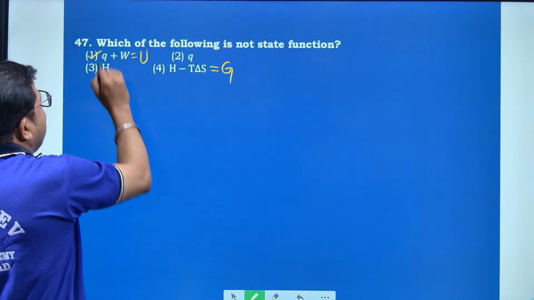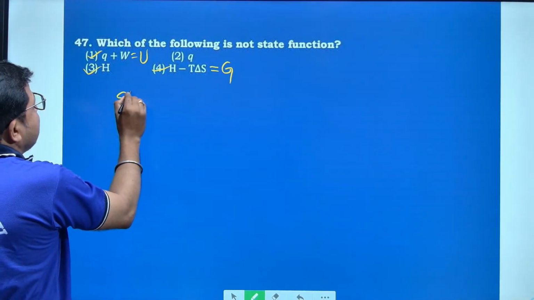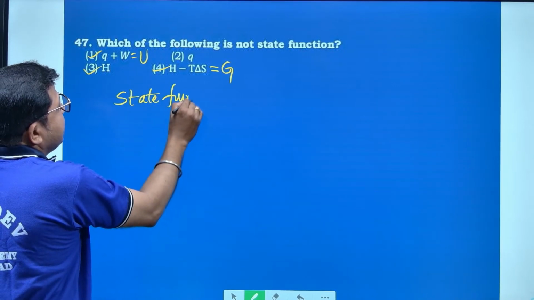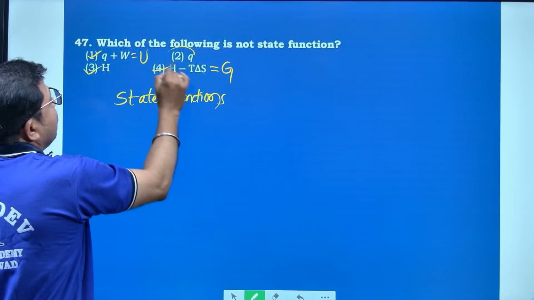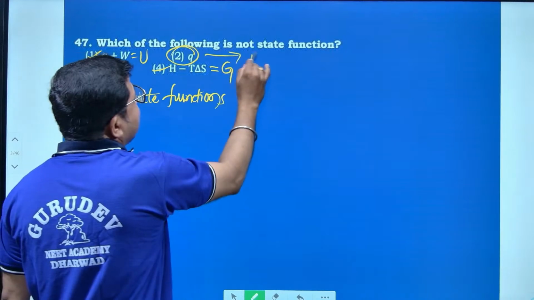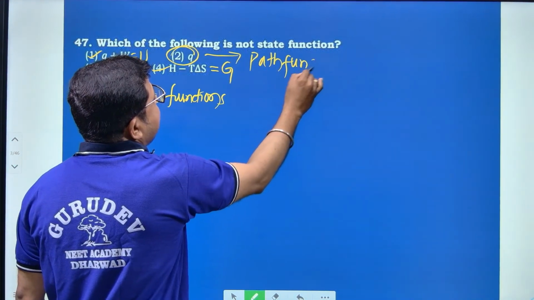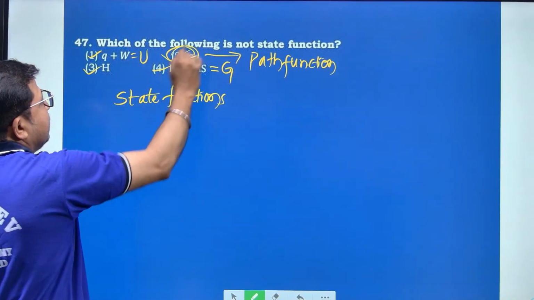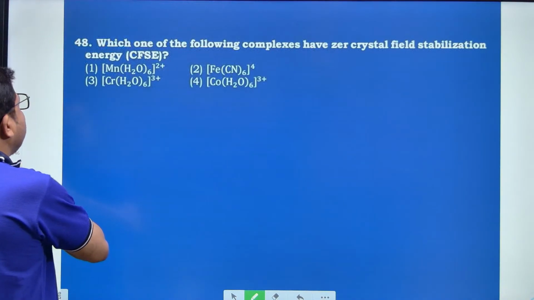Option number 1, option number 3, option number 4, these are state functions, while option number 2 is a path function. Hence, option number 2 is not a state function. Therefore, the right option is option number 2.